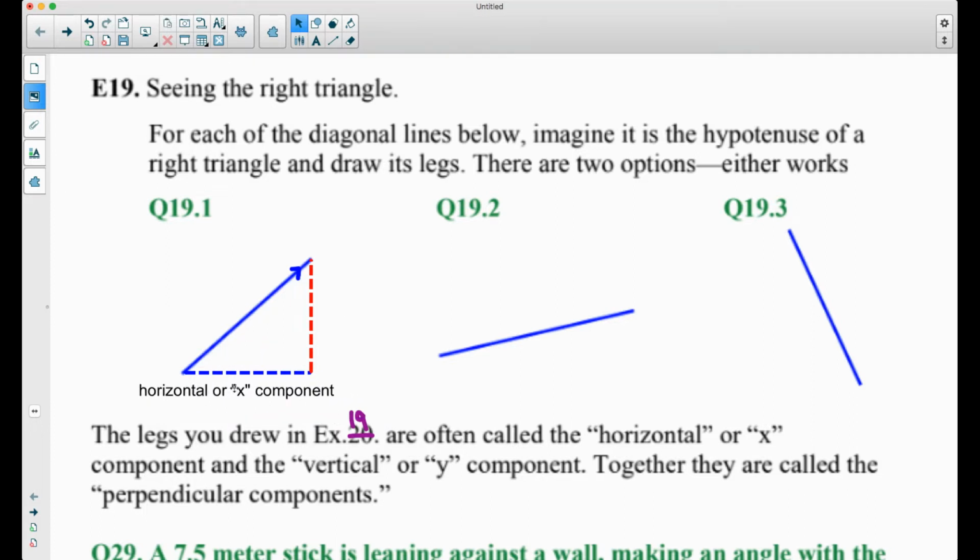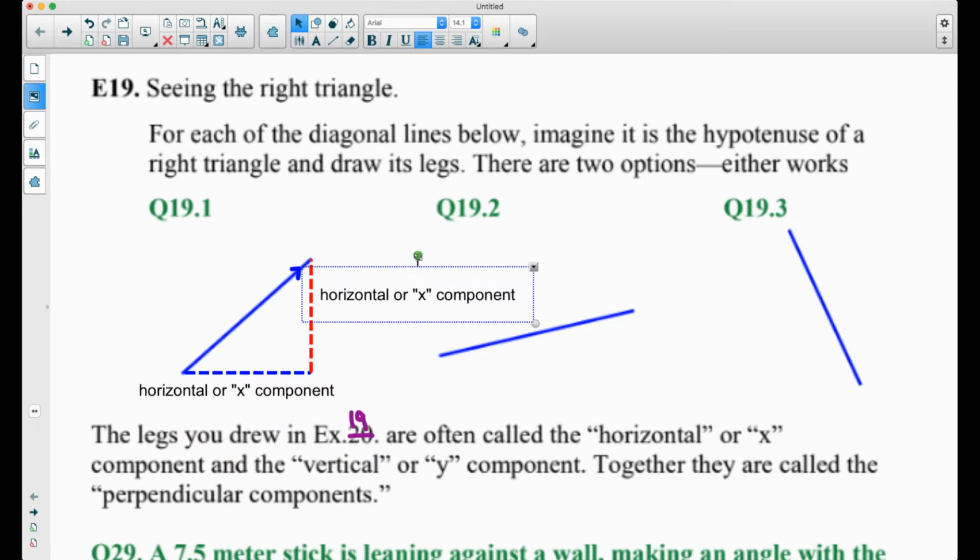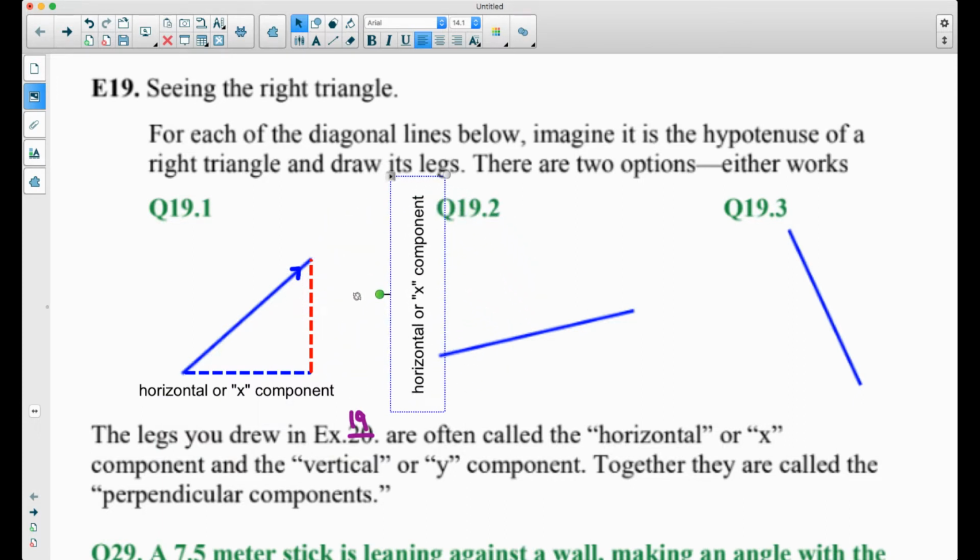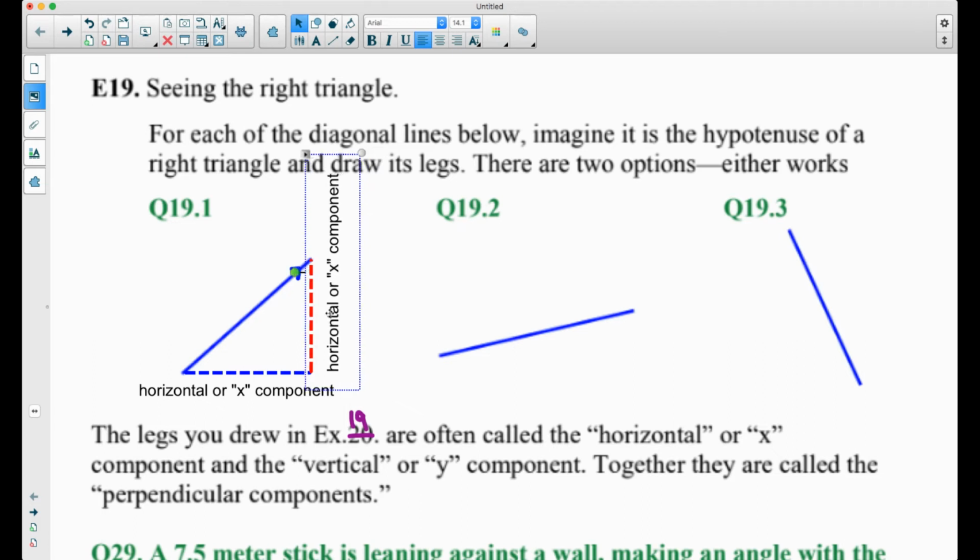And of course, this one up here, turn it sideways, is going to be the vertical, or Y component. Color code those. That goes with the red. This one goes with the blue.